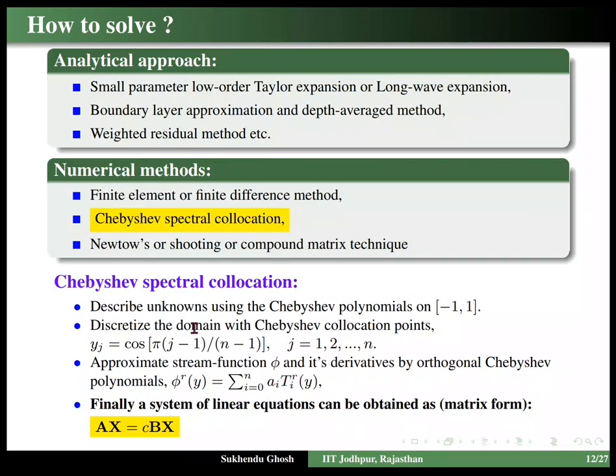If we satisfy our equations at each point, then we end up with a set of linear equations, which is nothing but a matrix eigenvalue problem, whose generalized form is given here: A x equals c B x, where x is the eigenfunction and c is the eigenvalue. If you solve for x, you get the flow variables, and if you find the eigenvalues, then based on them you can track the instability behavior.